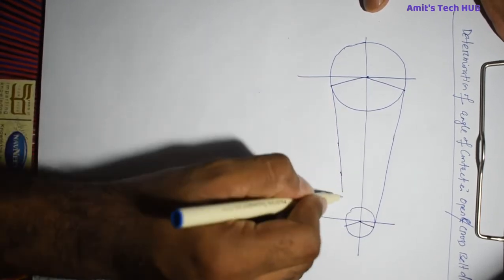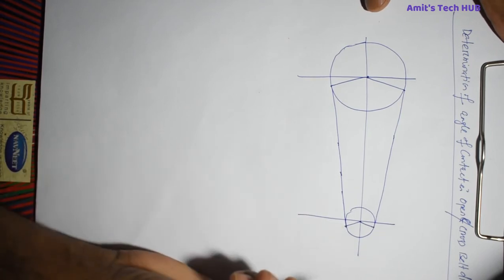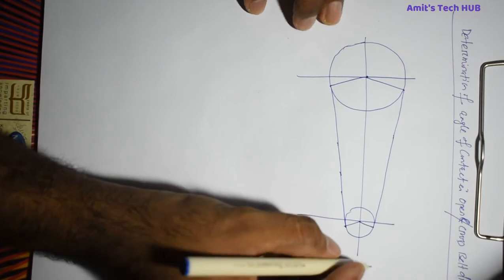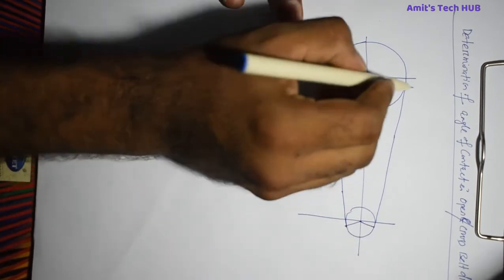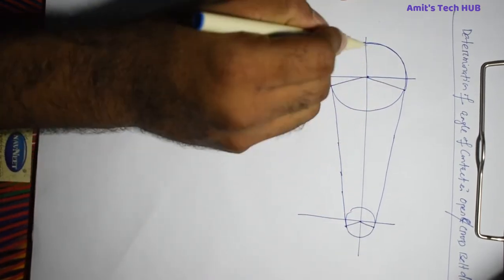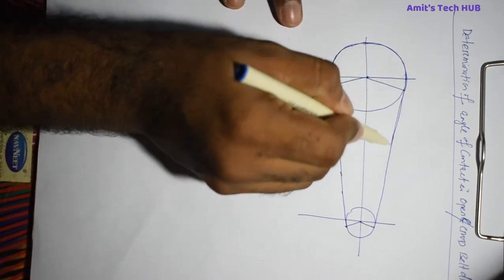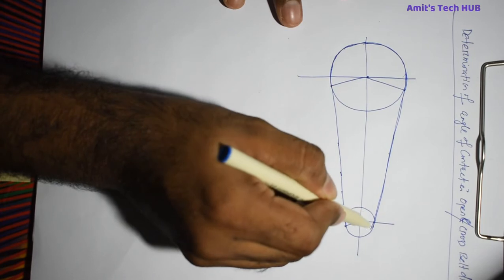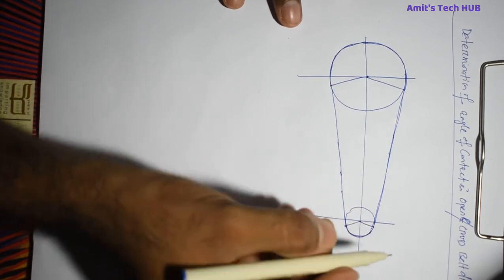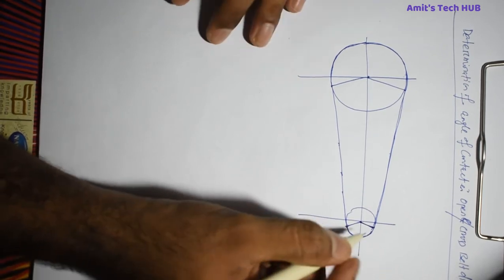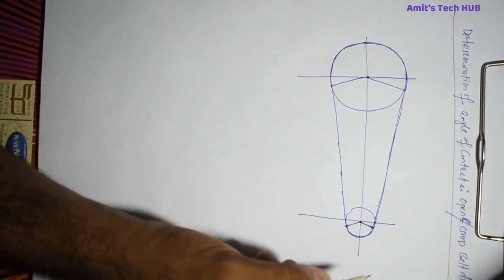Here the angle of contact is an important parameter for the driven pulley, because the motion of the driven pulley is always important. What is the amount of frictional grip that is available in the driven pulley? That is always important.